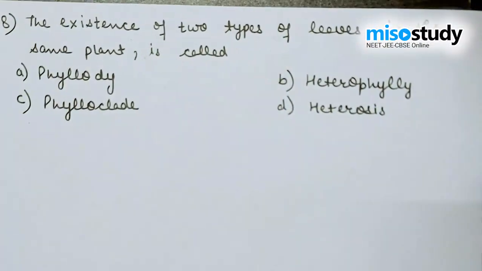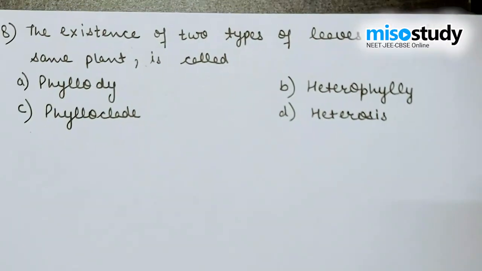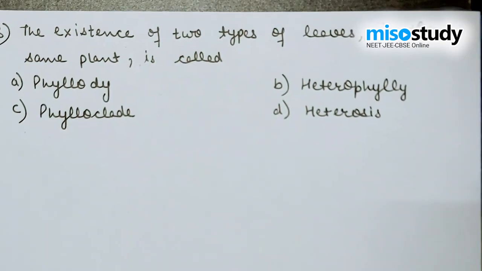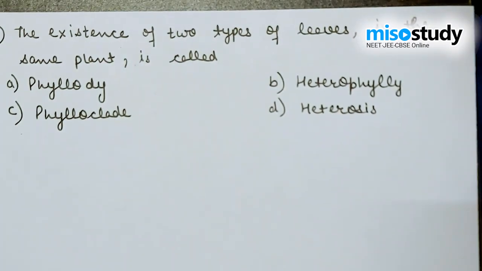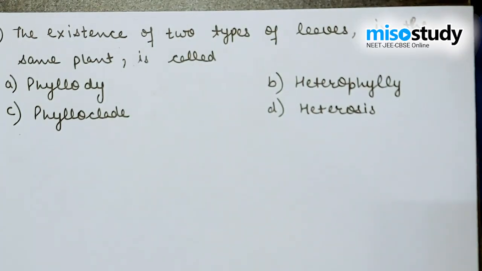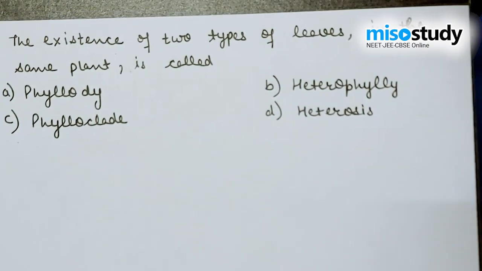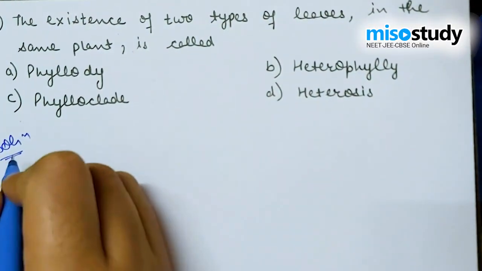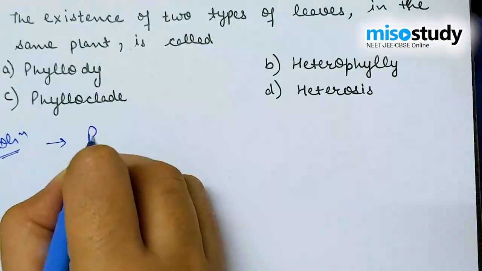The next question from Morphology of Flowering Plants: the existence of two types of leaves in the same plant is called? Option A, Phyllodes; B, Heterophylly; C, Phylloclade; and D, Heterosis.